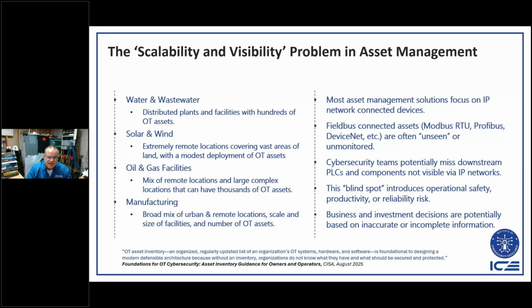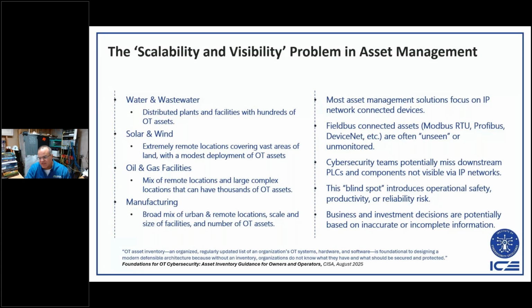Solar and wind can occupy vast spaces, and oil and gas facilities can have massive amounts of numbers. In fact, Sinclair had shown that even a modest oil and gas facility or a refinery can have in the tens of thousands, and you're not going to be able to check those manually, right? So there has to be some sort of automation at the asset program, or at least the asset identification and discovery level, where you can pull all of that data in.